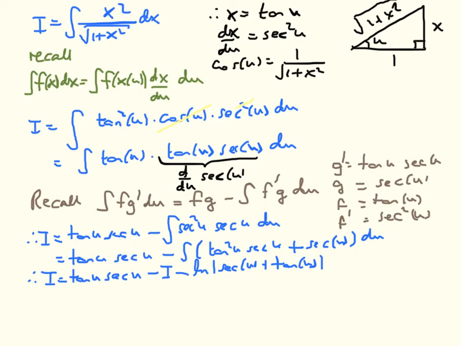Now we can take the original integral over to here, and we get our result that twice the original integral is that minus this logarithm.